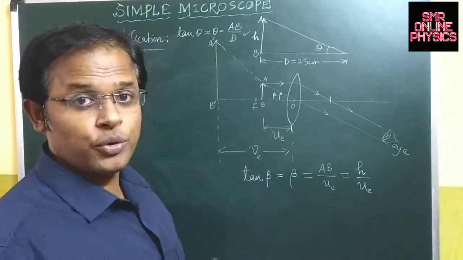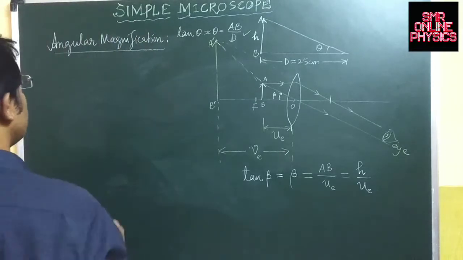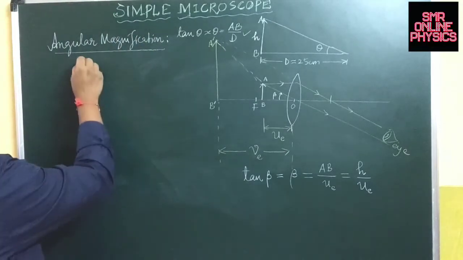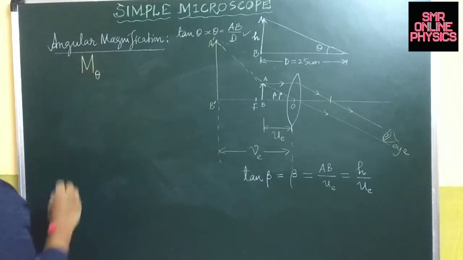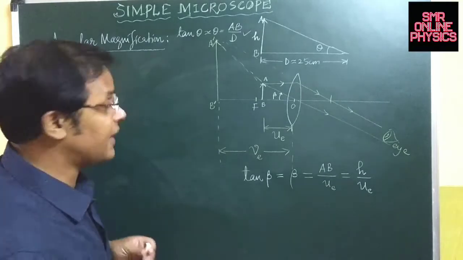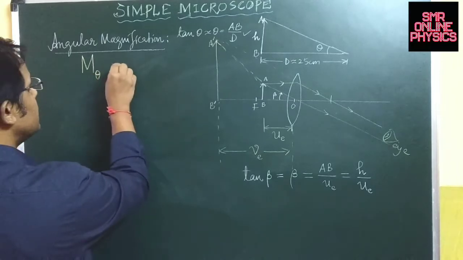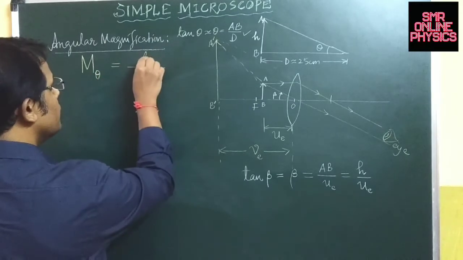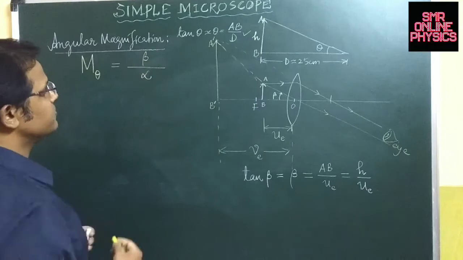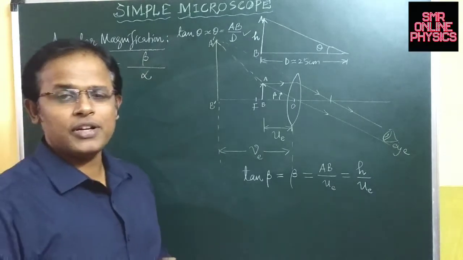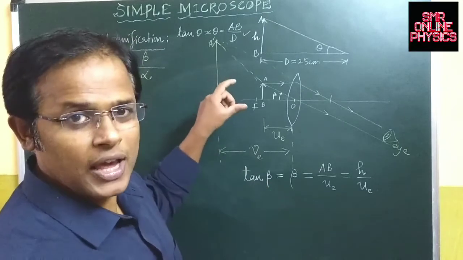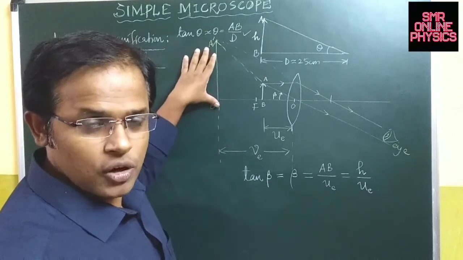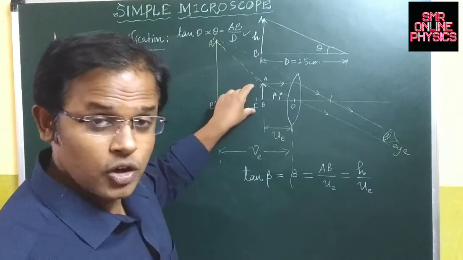So we introduce a new term called angular magnification. I'd like to represent this angular magnification with capital M, to remind you that it is all related to the angles. So m theta is always equal to beta by alpha. If you find it difficult to remember and get confused, my idea is this: small m, lateral magnification, was height of the image by height of the object.